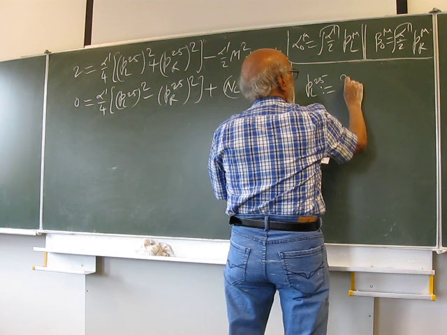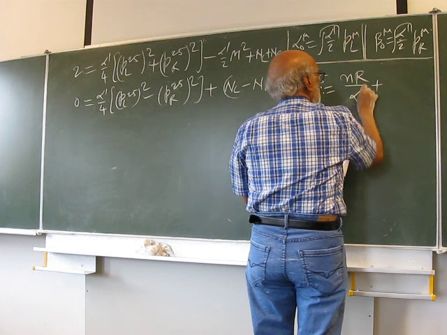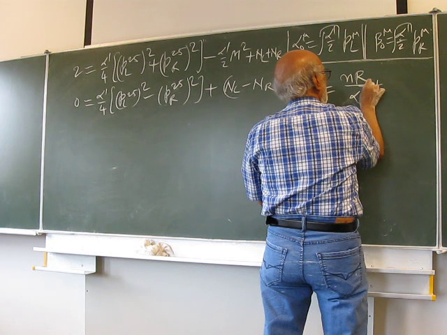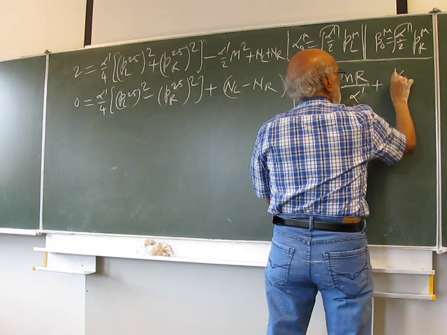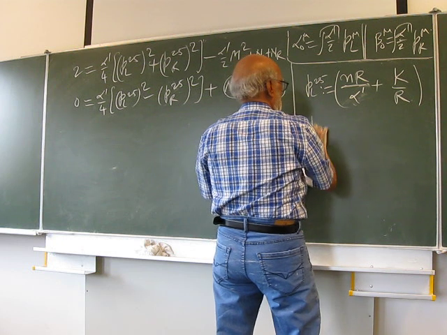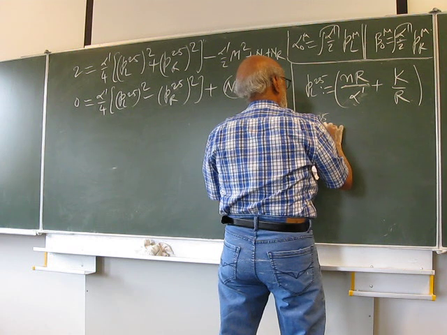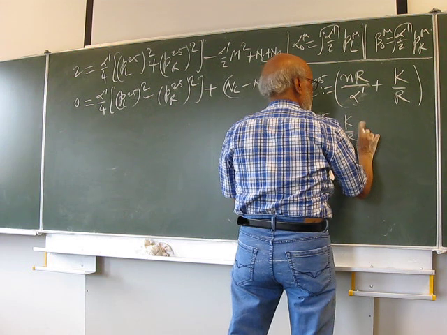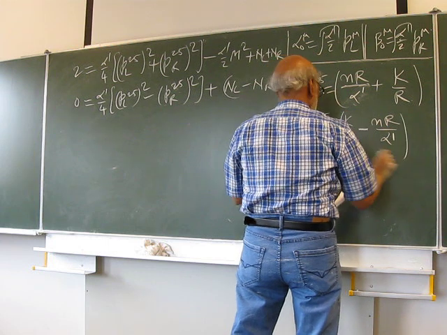PL25 I want to define as NR by alpha prime plus K by R, and PR25 as K by R minus NR by alpha prime.